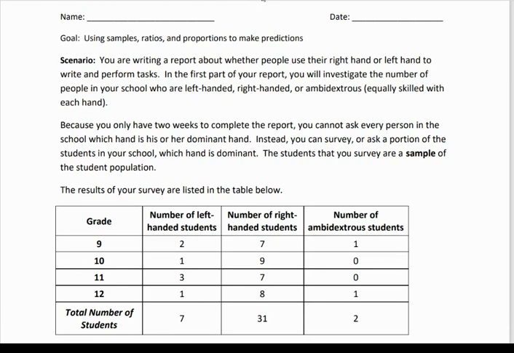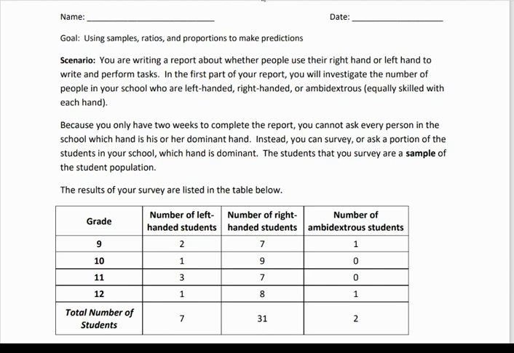Now, here's the deal, guys. When we're talking about surveying and sampling, you want to make sure your sample represents a good portion. So if you're just asking only ninth graders, is that a good representation of the entire school? No. If you're just asking the people in your French class, is that a good proportion of your school?